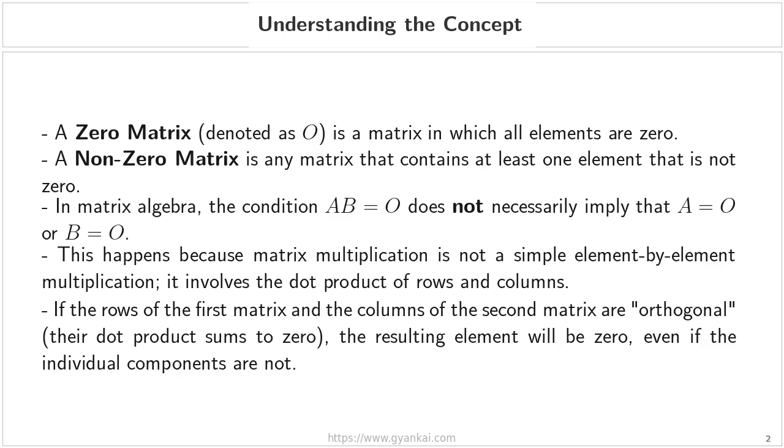To put it simply, if the rows of the first matrix and the columns of the second matrix are orthogonal, which is a mathematical way of saying their dot product sums up to 0, the resulting element in the product matrix will be 0, even if the individual components used in that calculation were not 0. In the next few slides, we will use an analogy and a concrete example to visualize exactly how this process works.